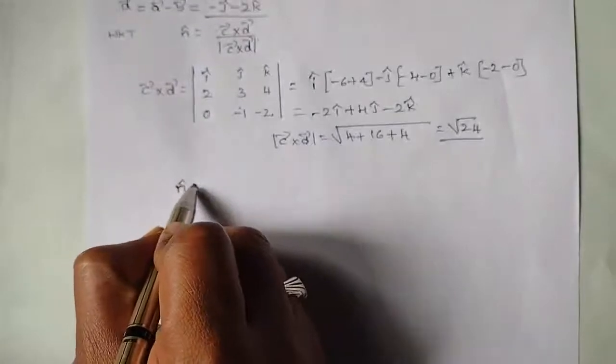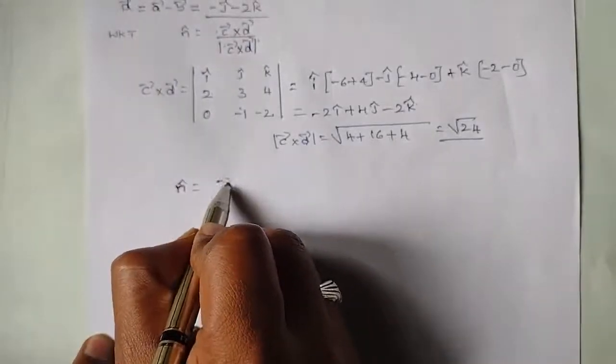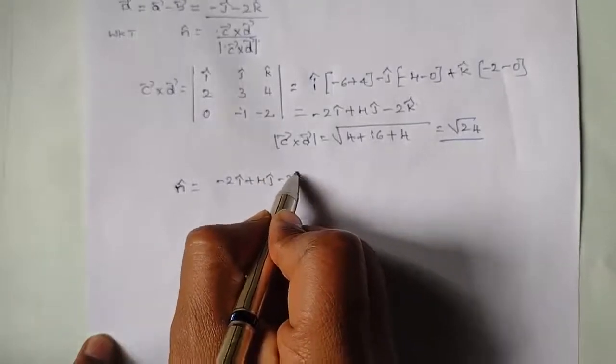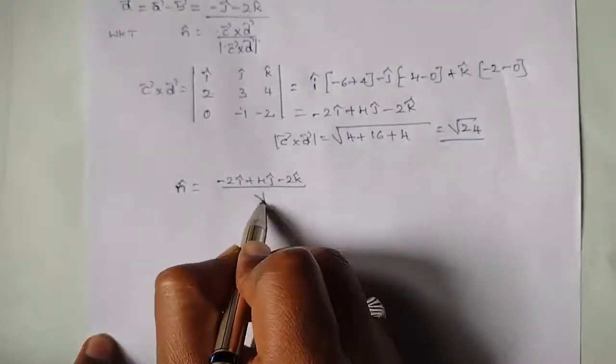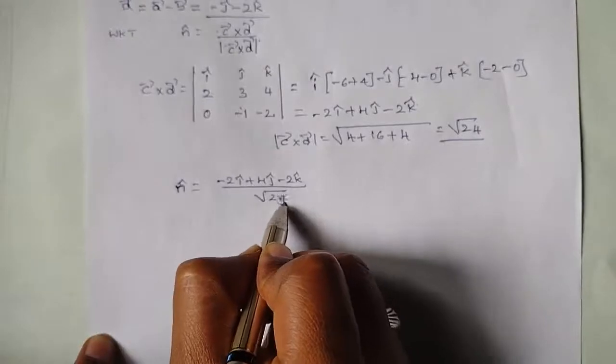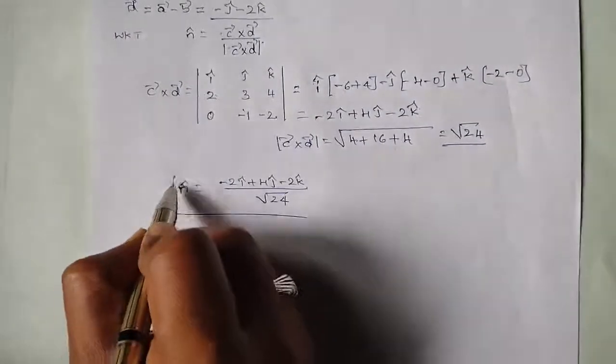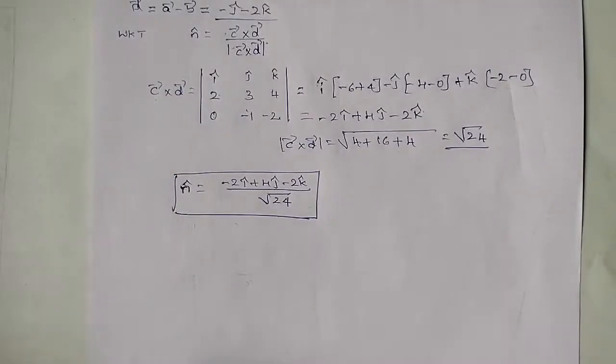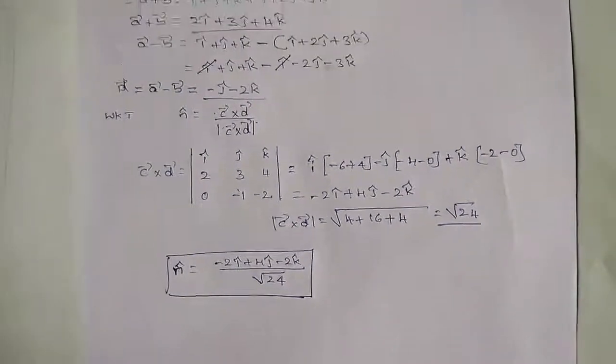The unit vector n cap is equal to c cross d, which is minus 2i plus 4j minus 2k, whole divided by the square root of 24. So this is the required unit vector answer. Understood? So write it down and copy it.